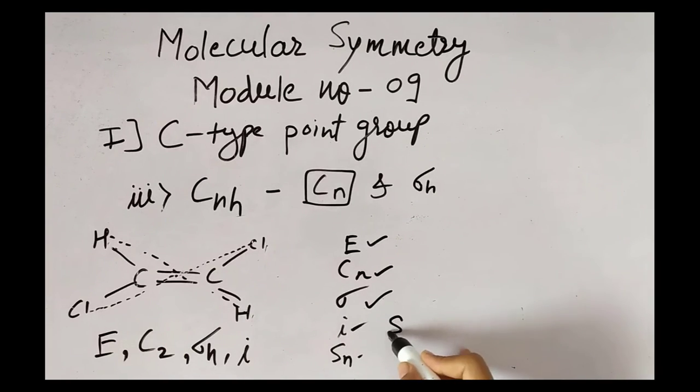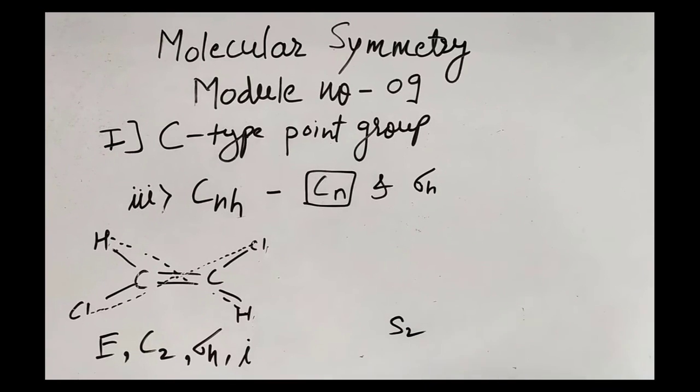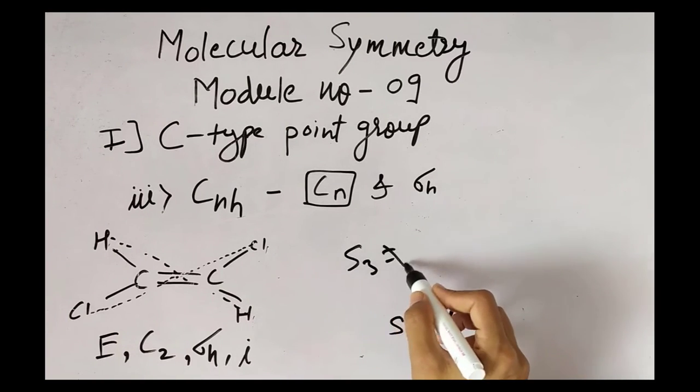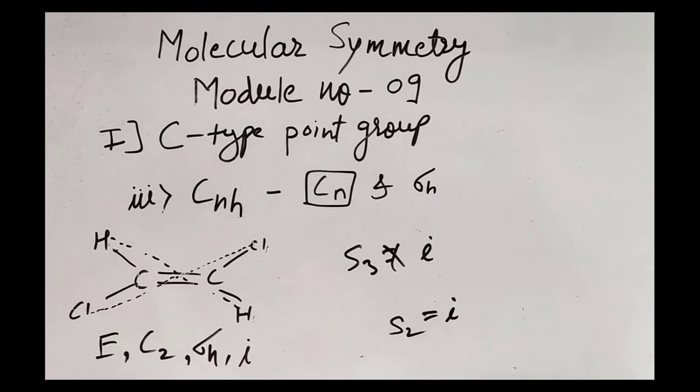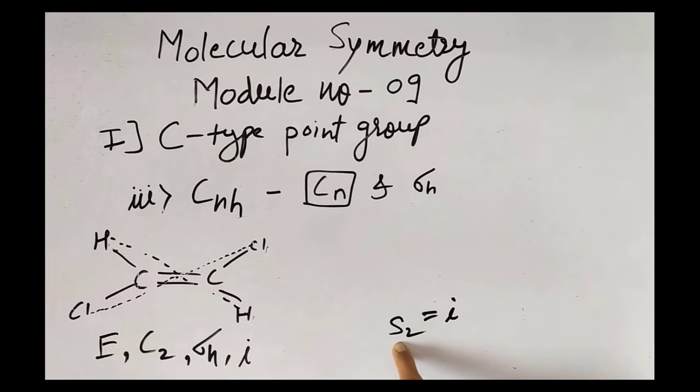Now you will say that there is S2 also present in this molecule, as we have seen already. At that time, one point was left to explain to you: whenever we have S2, that S2 is nothing but equal to I. Only S2, S3 will not be equal to I, but S2 is equal to I. The meaning of rotation followed by reflection having twofold rotation is nothing but equal to the inversion center.